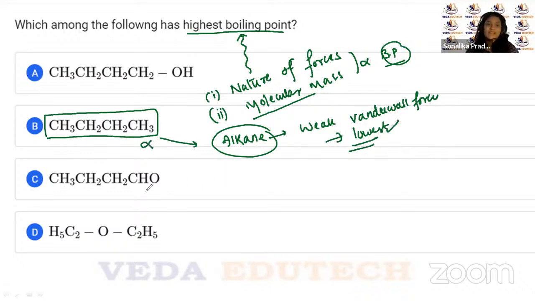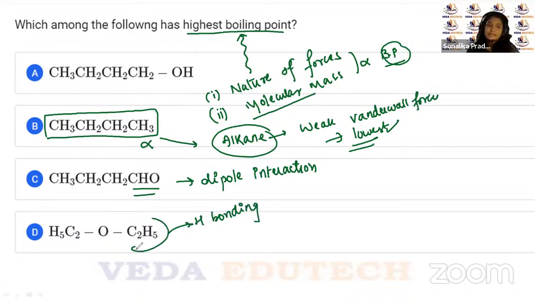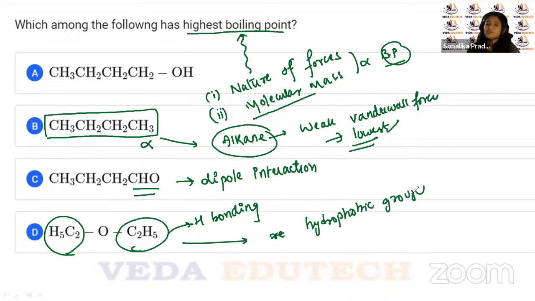Then we have this, which has dipole-dipole interaction. This can undergo hydrogen bonding, but there are repelling, hydrophobic groups, so it's not that strong.